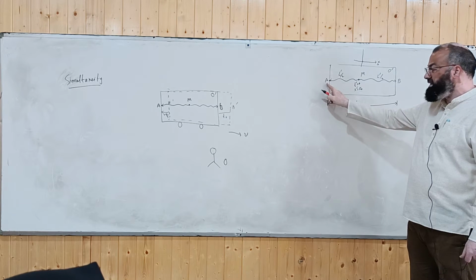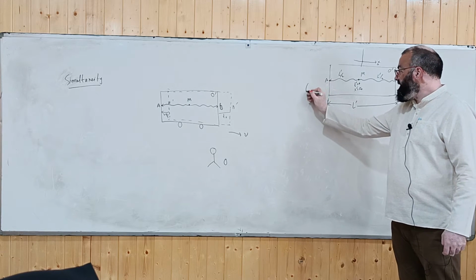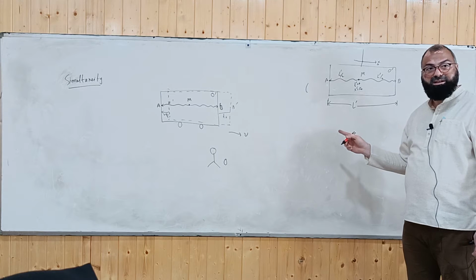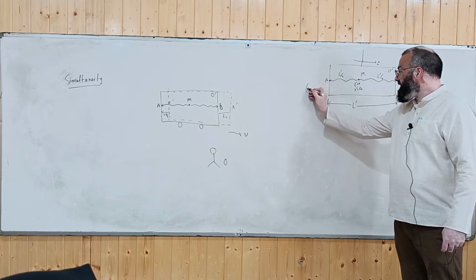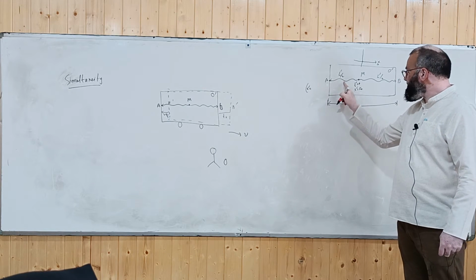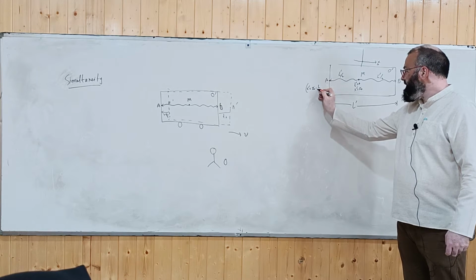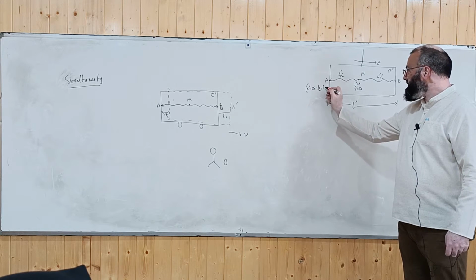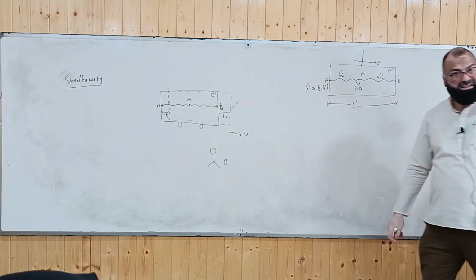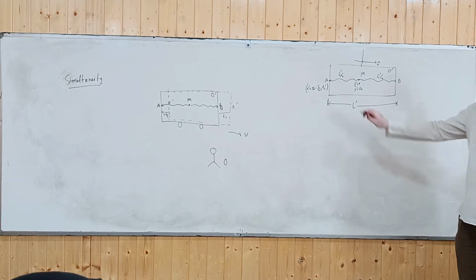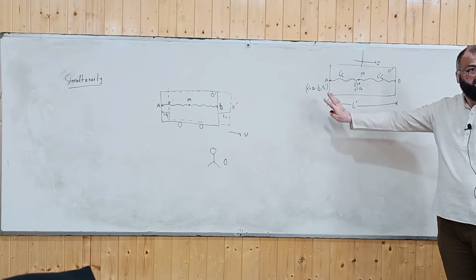Now tell me what the coordinates here are. Let's write the x prime coordinate. That is simply x naught minus L prime by 2, and let me write the time as t1 prime for the time being. So the time associated with this event is t1 prime.